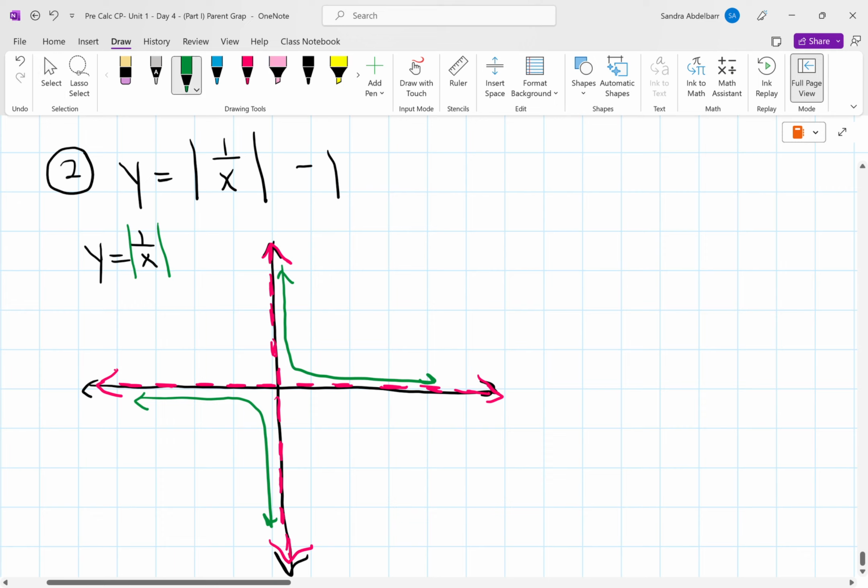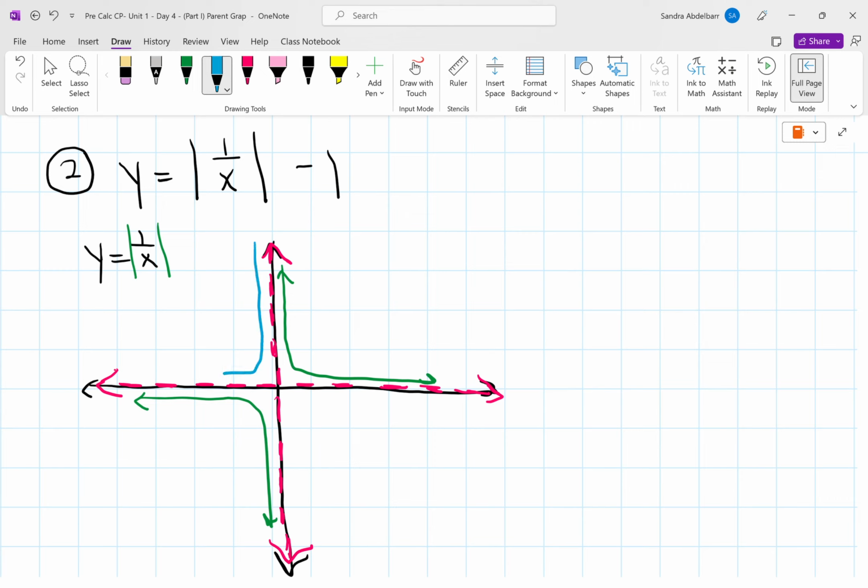Okay, but now what is it telling us to do with 1 over x? Now it's telling us take the absolute value of it. So now if I'm going to take the absolute value of this, we know everything underneath the x-axis has to become positive. So my first quadrant's good. Is my third quadrant good? No. So I need to take this and I need to make it positive. How am I going to make it positive? Flip it up top.